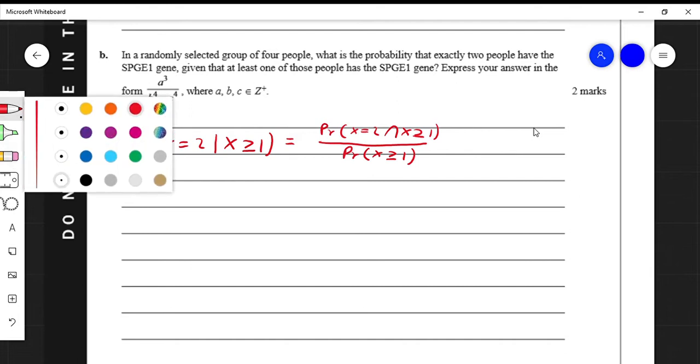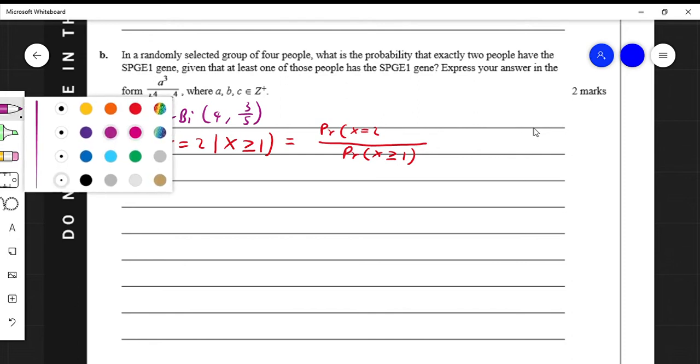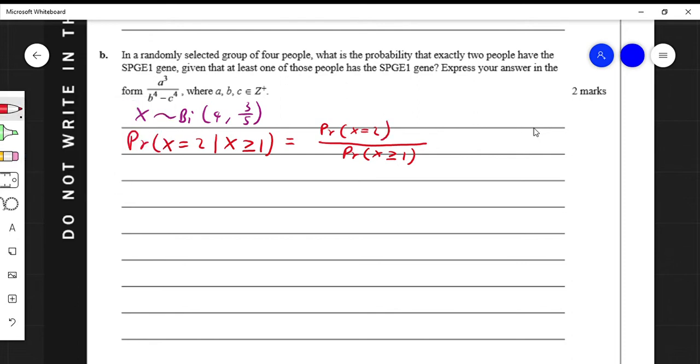And here we need to remember that x is a binomial random variable with n equals 4, and p equals 3 on 5. So the intersection of x equals 2 and x greater than or equal to 1 is just x equals 2. But just make sure you actually work out that that is the case.